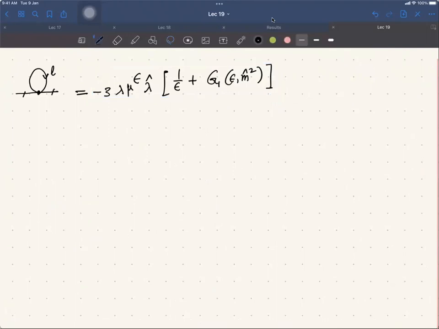This is the vertex factor, and then there is the loop contribution. There is only one propagator because there is only one vertex here.